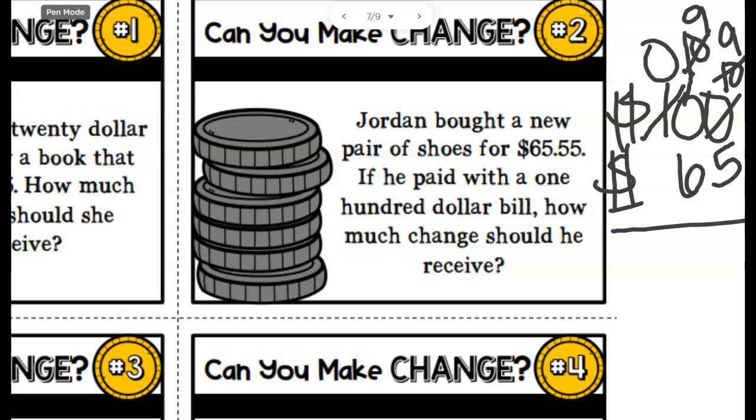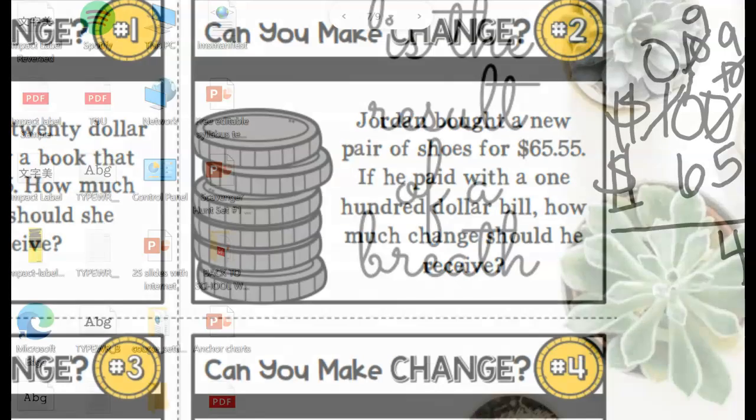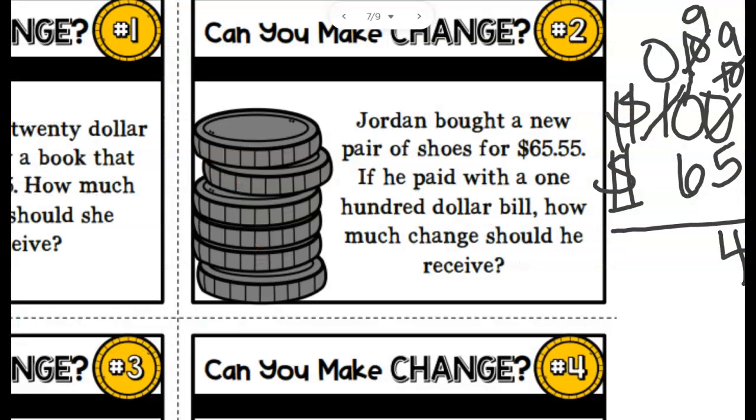Drop down the decimal point. Pause a second for you to catch up. Nine minus 5 is 4. 9 minus 6 is 3. My leftover is $34.45.